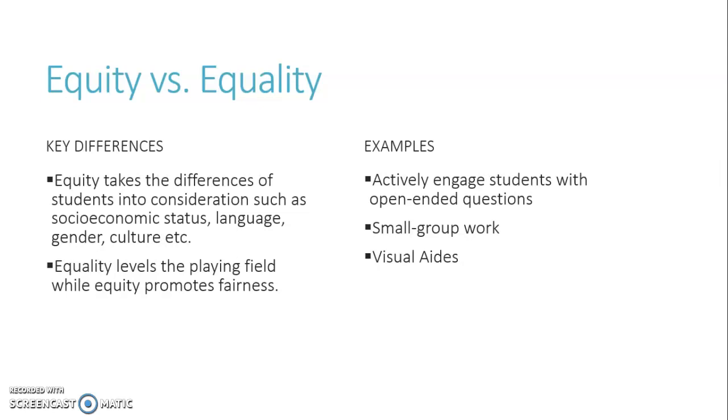So we're taking into consideration English language learners, students with special needs, disadvantaged students, students of all genders, and we're looking at these key differences when we are creating learning opportunities.